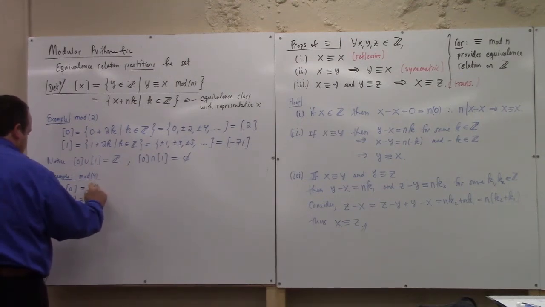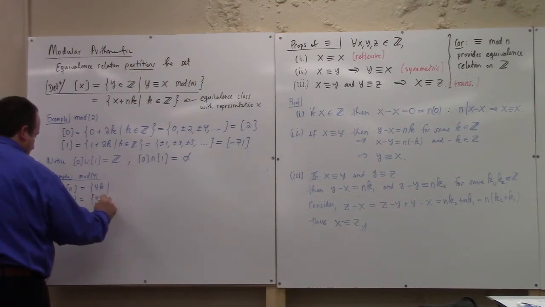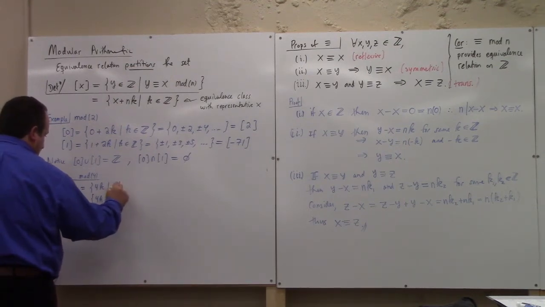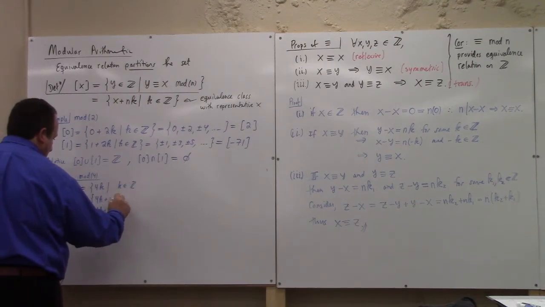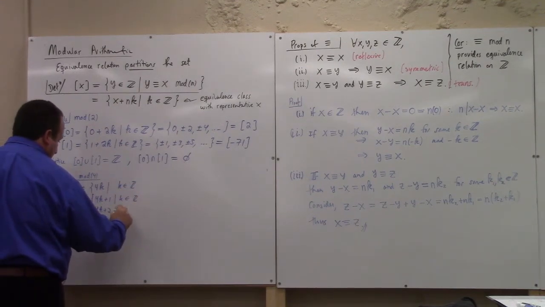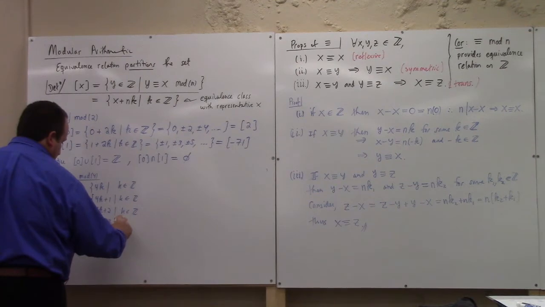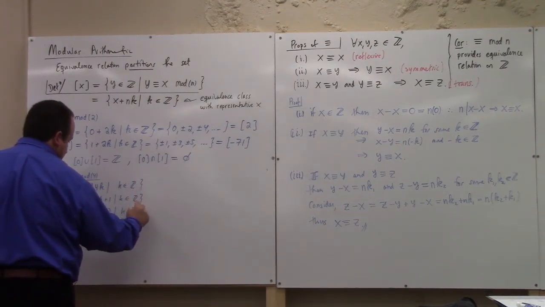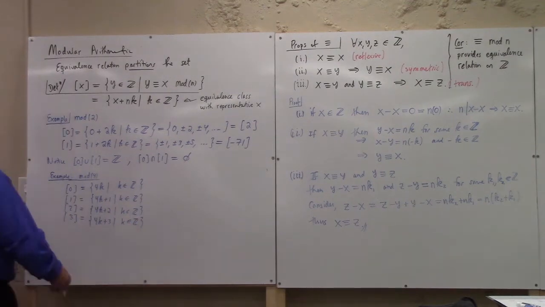So basically you're looking at 4k, 4k plus 1, 4k plus 2, 4k plus 3. Again, the union of these 4 disjoint equivalence classes gives you the whole of the integers.